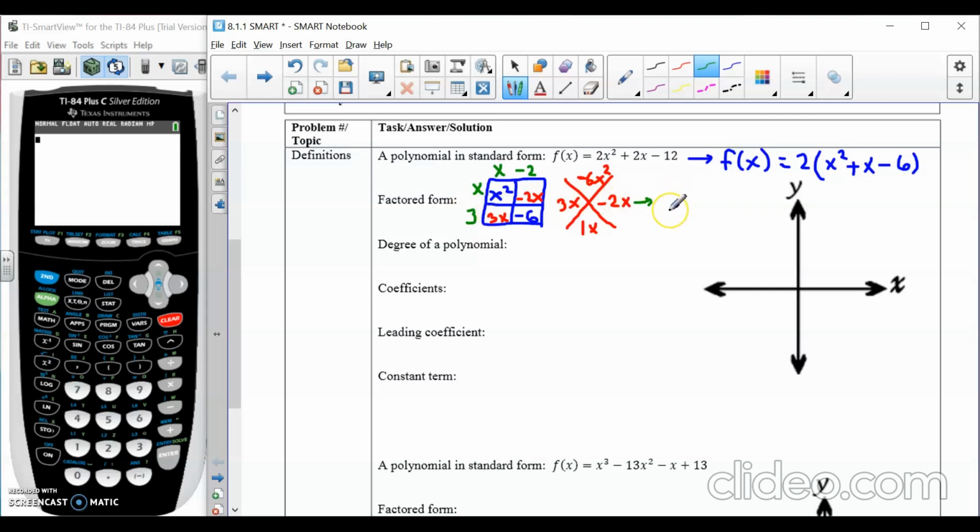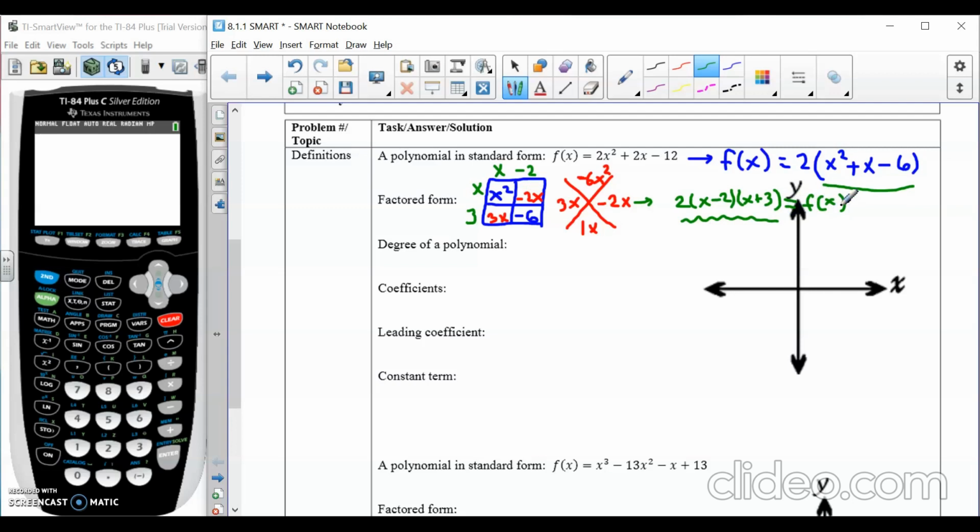So as we go to rewrite this in factored form, you guys might be inclined to just do what you're used to, which is this. However, please don't forget that we just factored this piece right over here, so don't forget about that 2 that was there. We still have to keep it. So this is going to be our factored form. Technically, that should be a f of x.